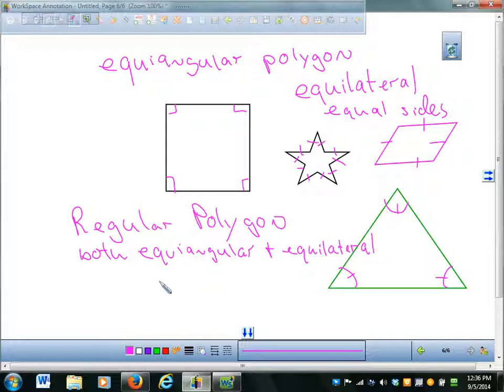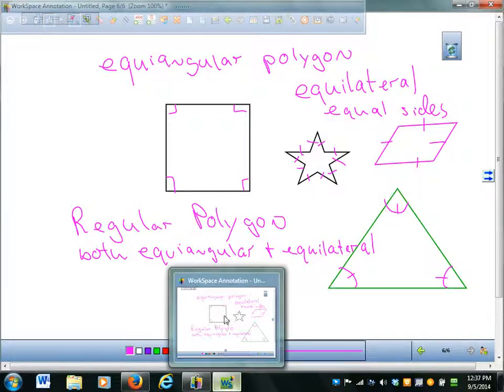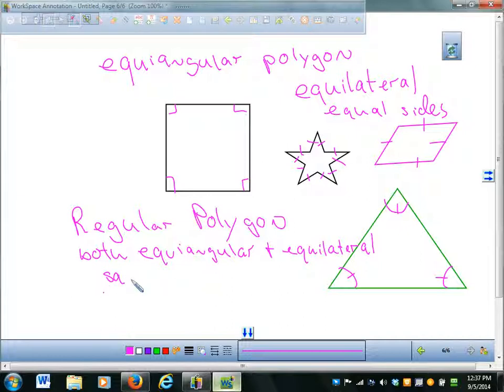So what's a shape that's regular? A square. One is a square. You could have an equilateral triangle, because an equilateral triangle has equal angles. I guess not that star. Are there others?